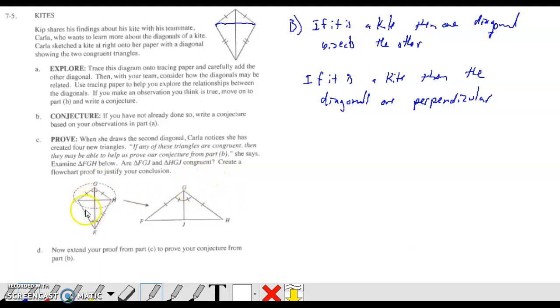She wrote some letters: F, G, H, and E, and then she also wrote that J is here. So we want to prove, are triangles FGJ and HGJ congruent? So that's the first thing that we're going to start off with.